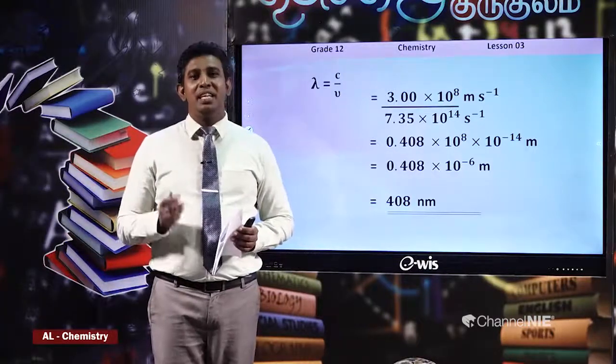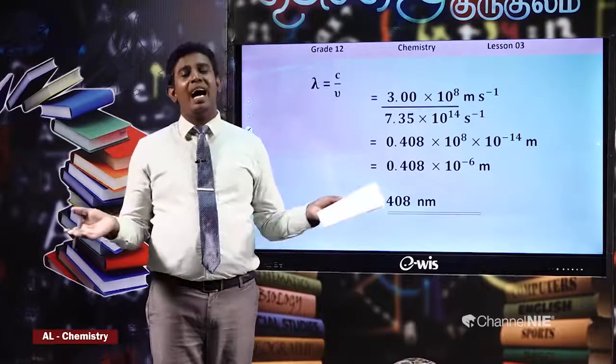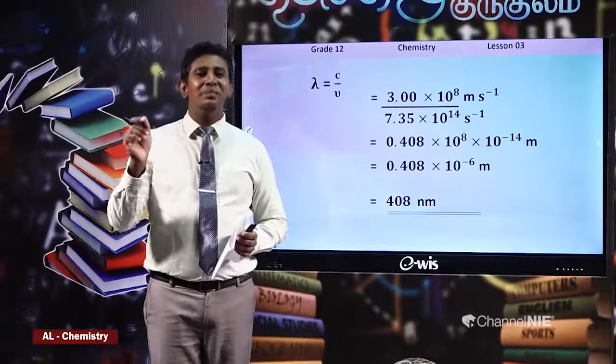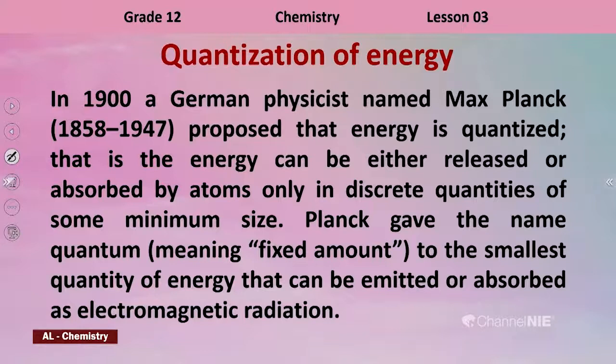So students, let's find out what we are having there in quantum theory. Okay. The scientist named Max Planck, in the 1900s, presented this idea for the very first time. What's the idea?